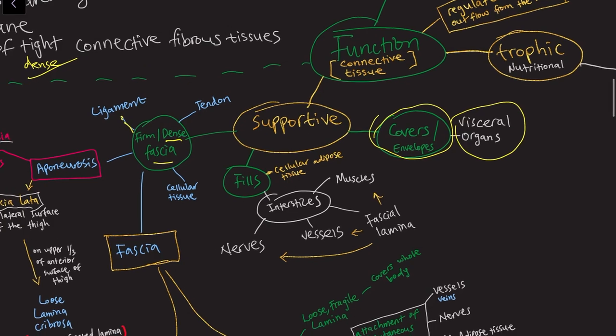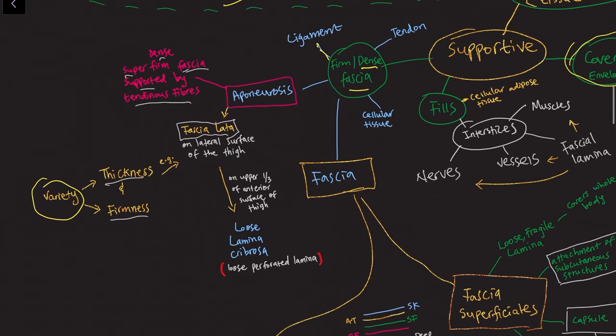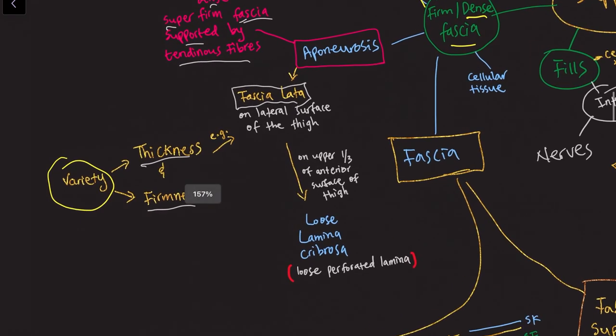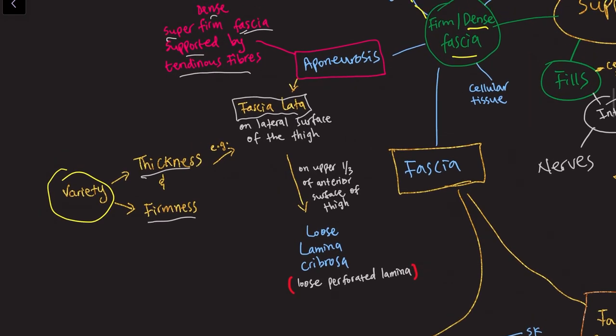Now, an example of dense fascia, as I said, is ligaments, tendons, cellular tissues, and aponeurosis. Now, look at this. Fascias have different levels of thickness and firmness. For example, when you look at the aponeurosis, which is a dense fascia supported by tendinous fibers, the aponeurosis takes on different forms, right? Different thickness.